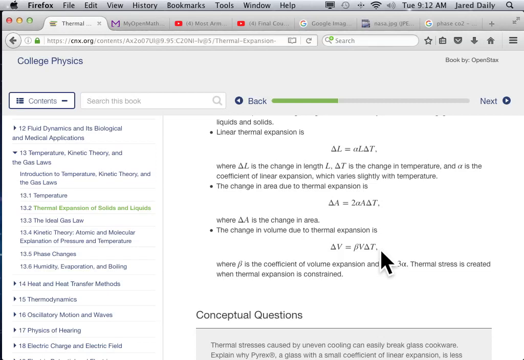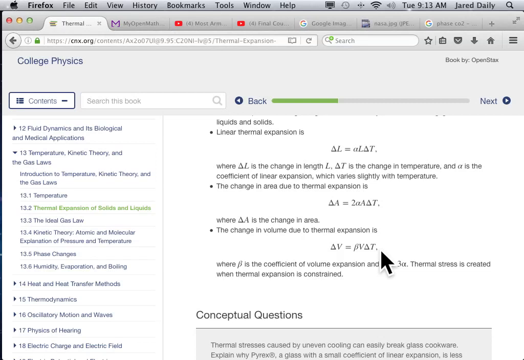So 350 times 50 is about 17,000, which is almost 20,000. And then you're multiplying it by 200 millionths, so it's times 10 to the minus 6. So it's essentially going to multiply this by 200, and then we take off 6 decimals.